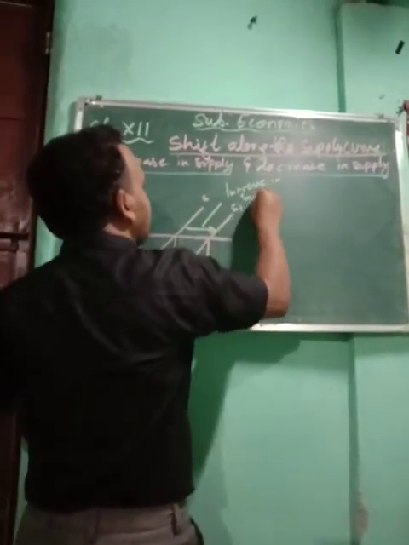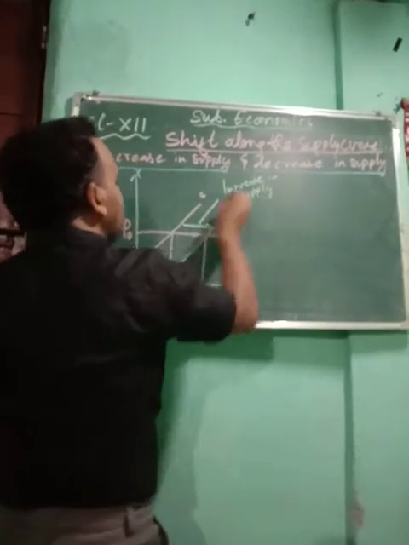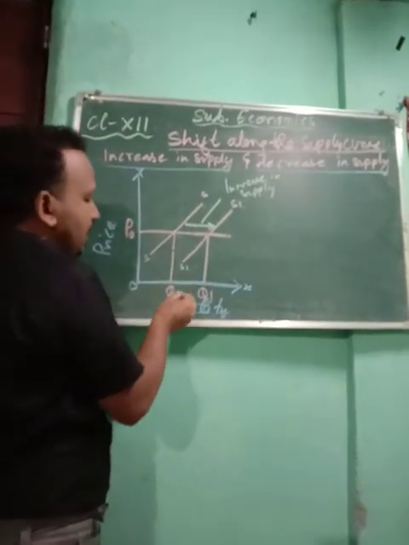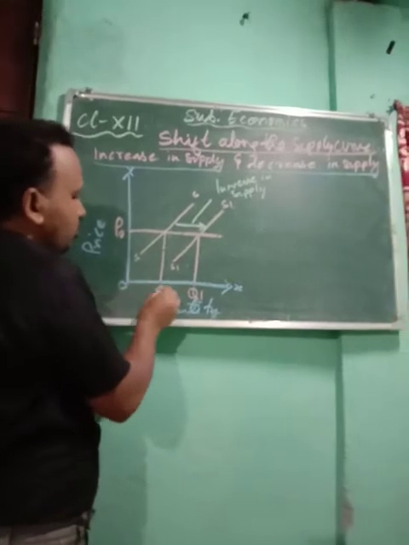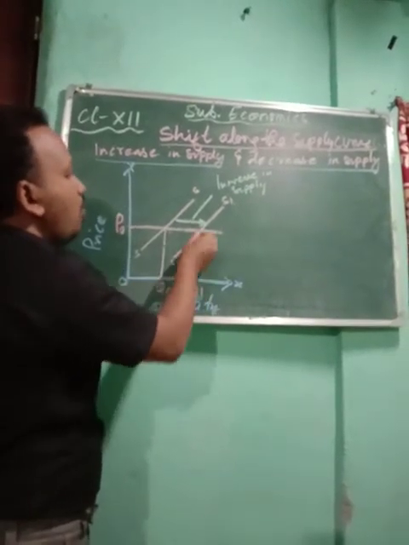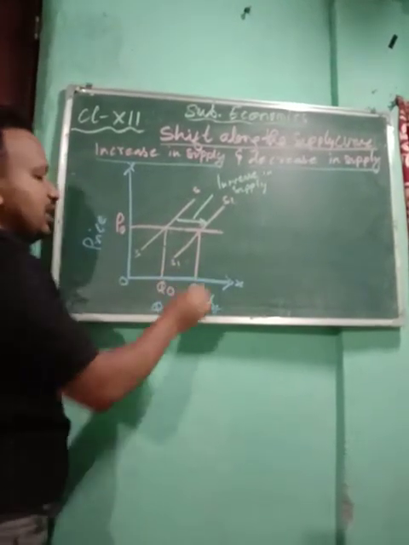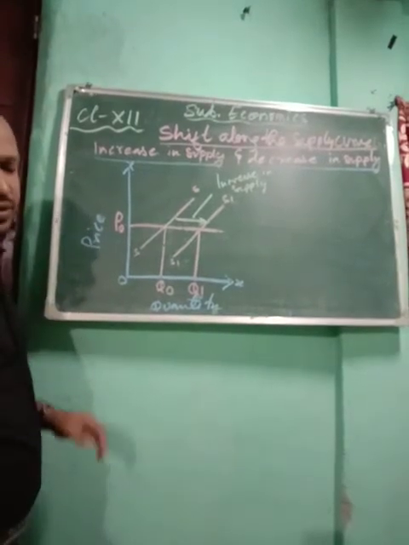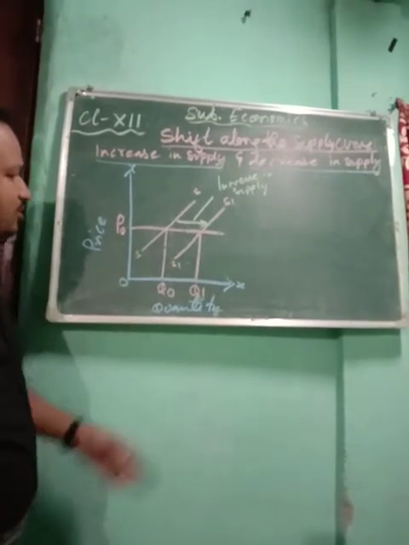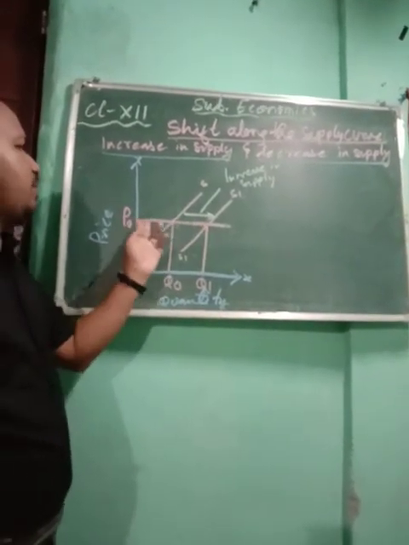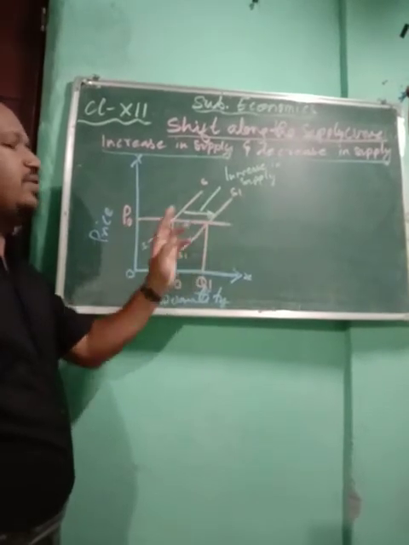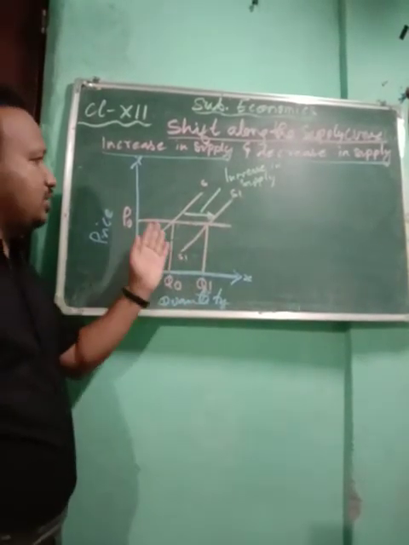Price is fixed, so supply has increased from 0Q0 to 0Q1. Why? Due to change in other factors, such as cost of production. If the cost of production reduces, the supplier can supply more commodity at a given price. This is increase in supply.